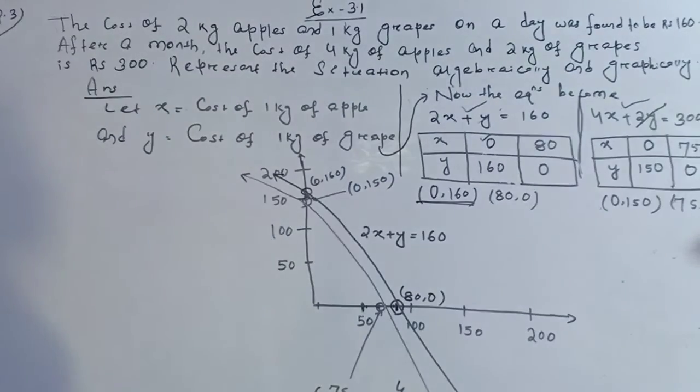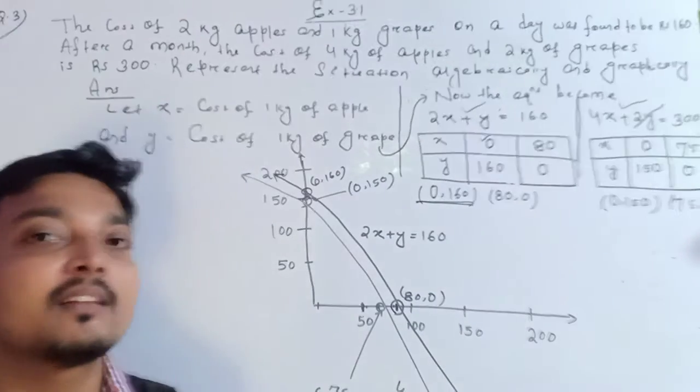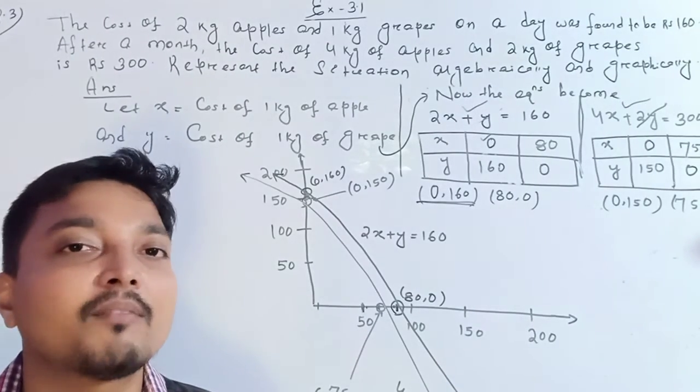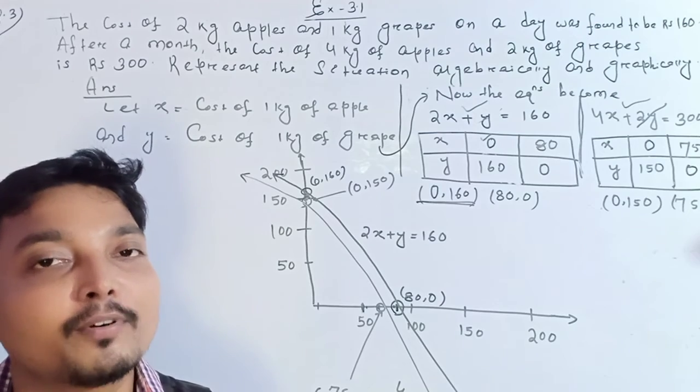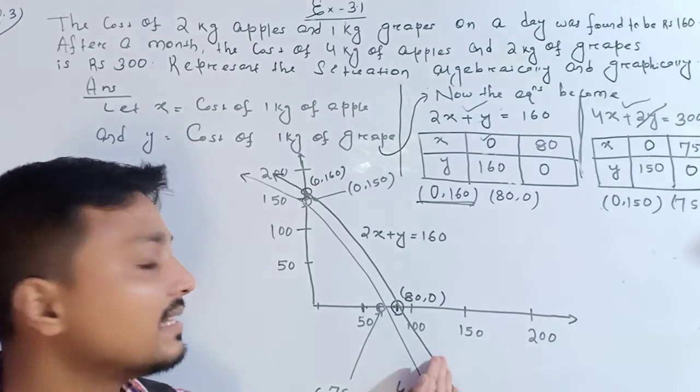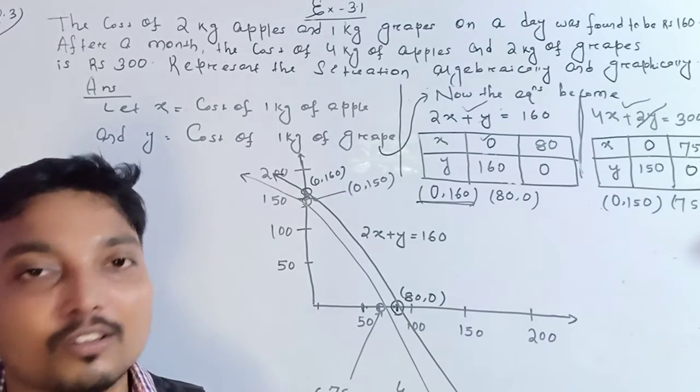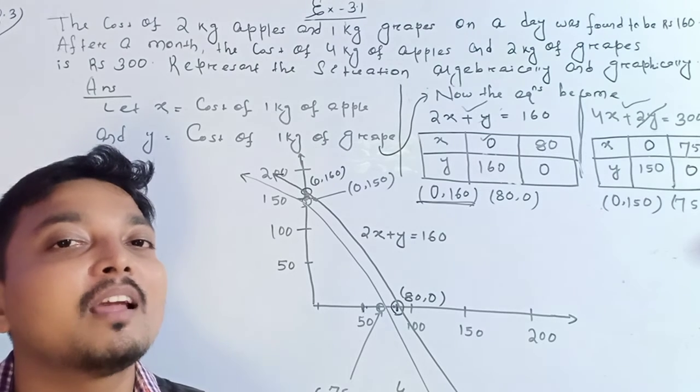So from the picture it is clearly seen that in the graphical representation of this pair of linear equations in two variables, the two lines are parallel to one another, otherwise both lines will never intersect.